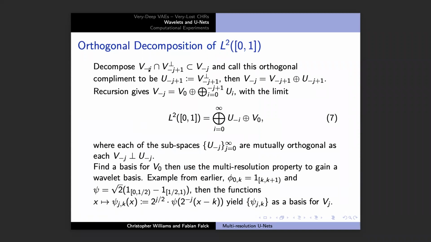What I mean by that is, take a V minus J; you know that what lives within it is V minus J plus 1. So what I can decompose here is my V minus J space into the lower resolution of it and some orthogonal complement.